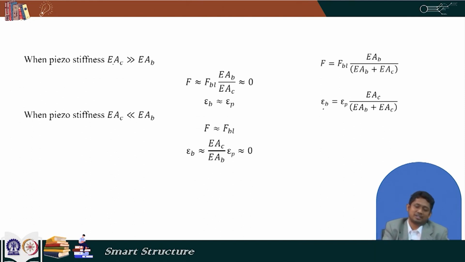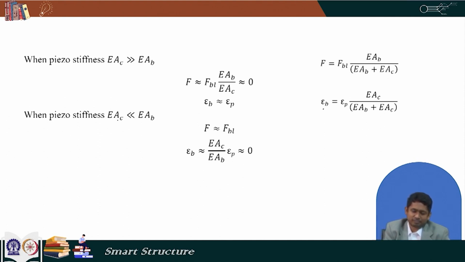So, here because piezo stiffness is much higher than the beam stiffness, the piezo experiences less resistance by the beam or the bar. So, it can expand in its own way. It does not feel any obstruction, that is why the block force is 0 and it expands freely. So, the strain is equal to the free strain.